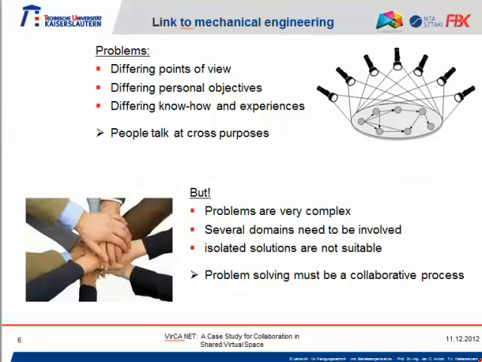So we have problems like different points of view. Different departments have other personal objectives. For instance, logistics people want to ensure a smooth flow of material through the factory. Maybe the security department is more interested in whether the planned production is secure, and therefore people talk at cross purposes, as we call it.